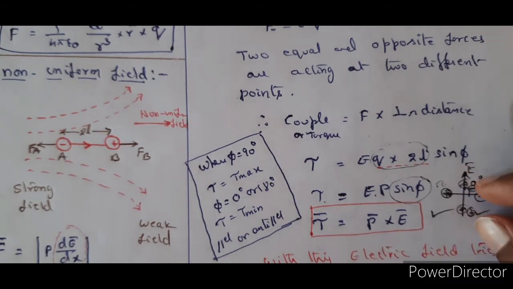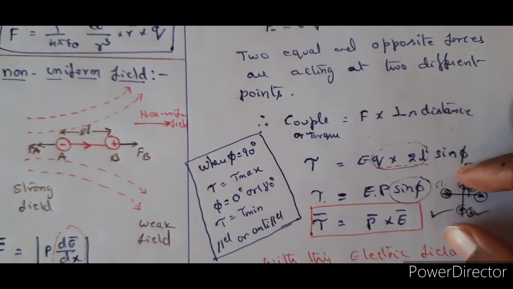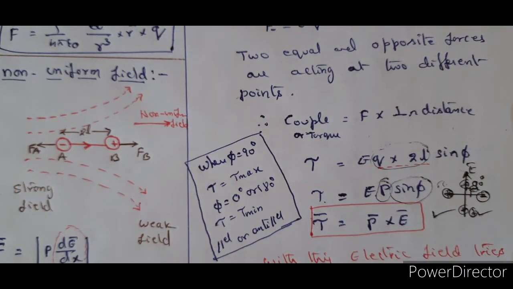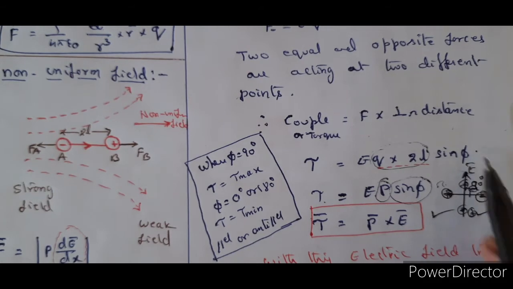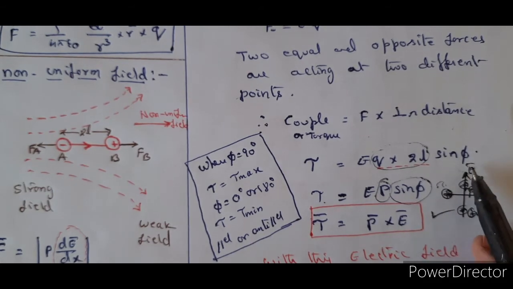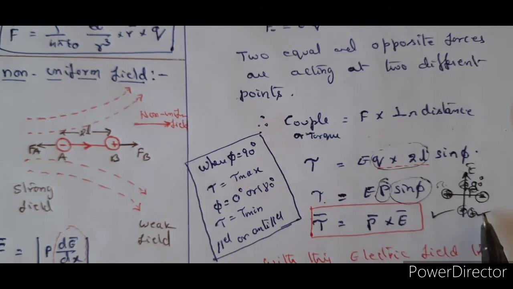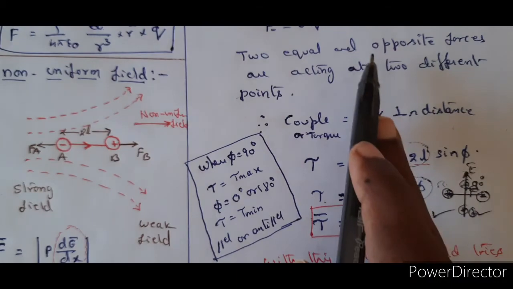That means when the dipole is anti-parallel, how are we taking the direction of it? Depending on P bar. So E bar, it is in this direction. P bar is always from negative to positive charge of the dipole. That is very, very important. You have to remember. So when P bar is parallel to E bar, that means phi is 0. You can observe the diagram here.